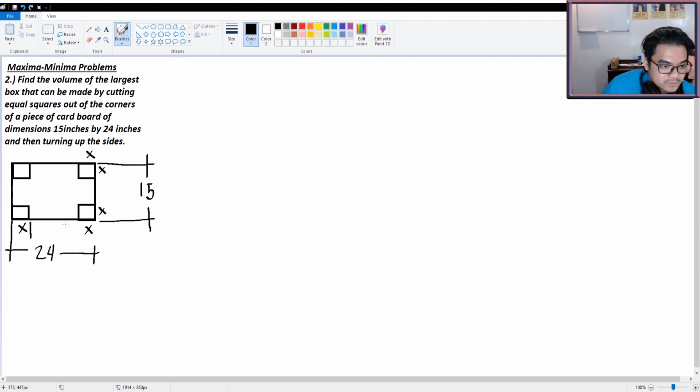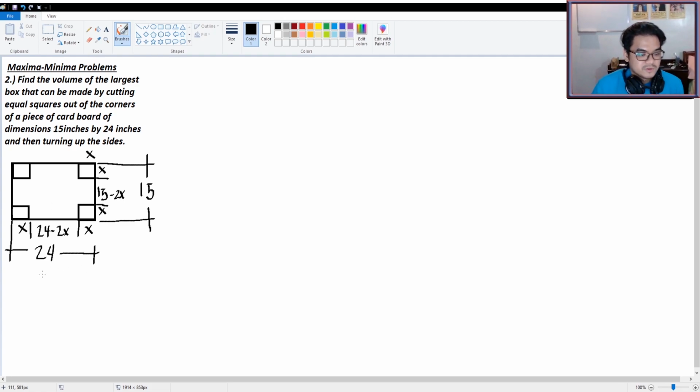Therefore, from here to here, that will now become 24 minus 2x. And this side now will become 15 minus 2x. So this will become your length, and this will become your width, and your height is still x. So again, the problem is still almost the same.